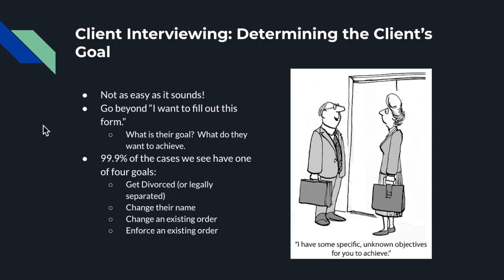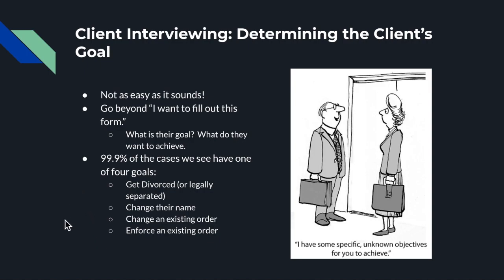Most goals that clients have are going to come down to one of four things. They're either going to say they want to get divorced or a legal separation, they want to change their name, they want to change an existing order, or they want to enforce an existing order.